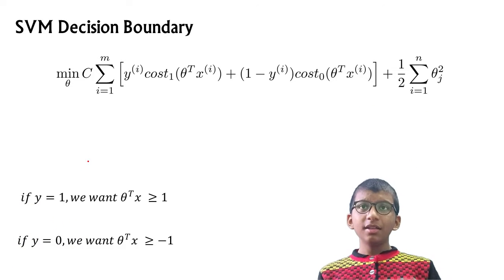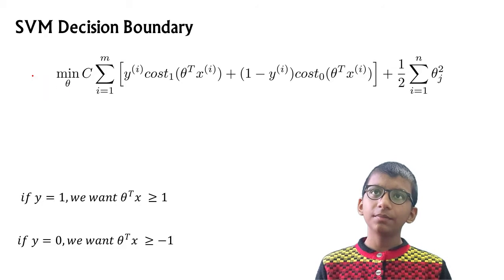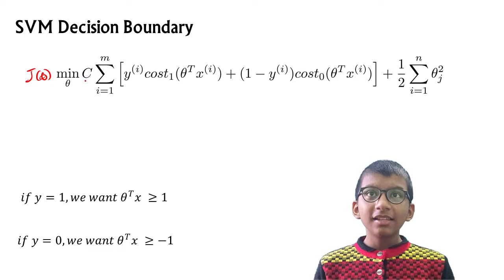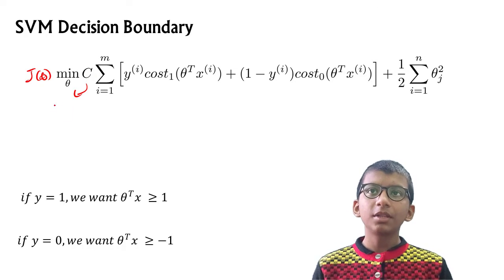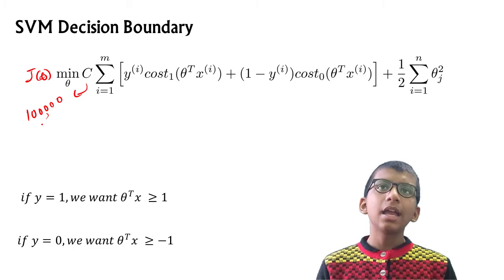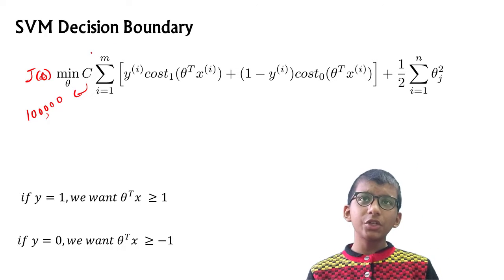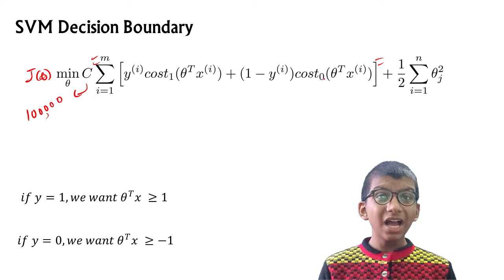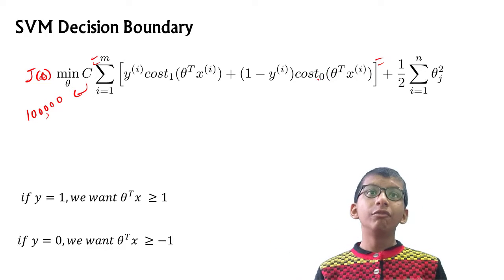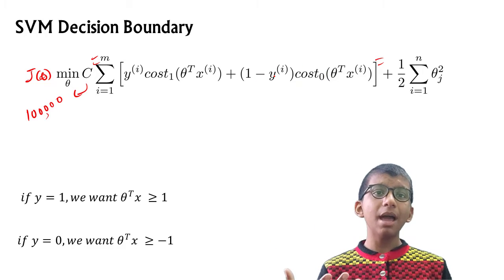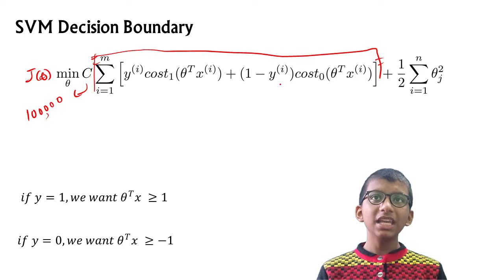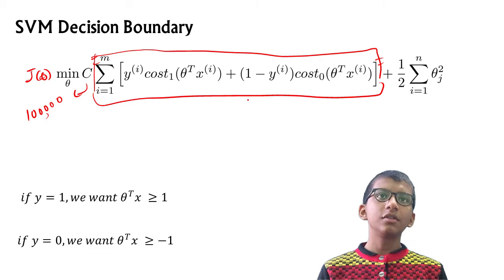Here we have the same cost function J of theta, and if we take C to be very large, something like 1 lakh, then this whole summation from here to here would be equal to 0.